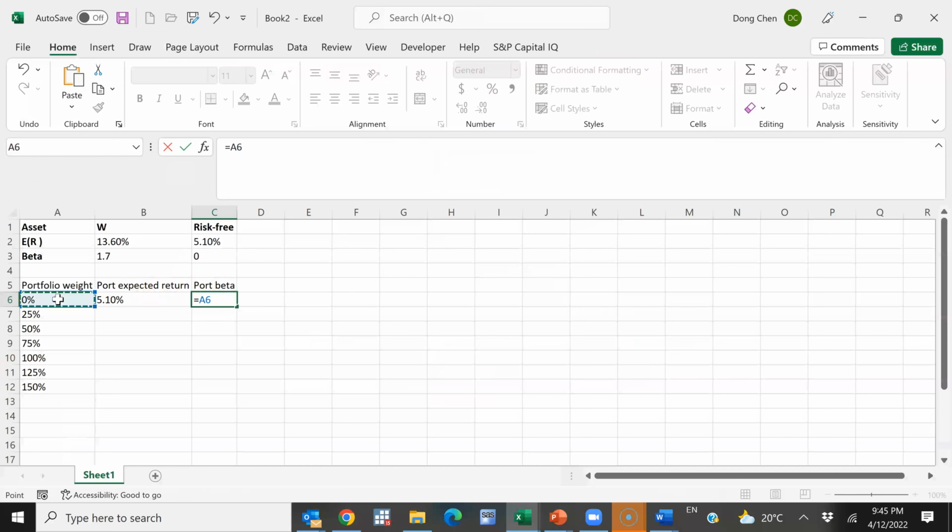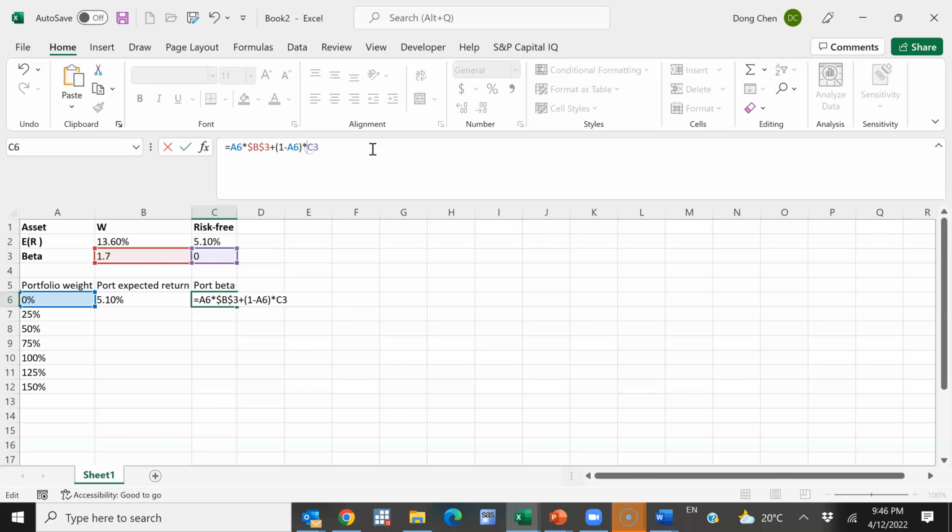So it's going to be the weight on asset W times the beta of asset W. Again, I want to fix this cell value because later on I want to drag the cell to the other portfolio weights, so it can automatically calculate the portfolio beta for me. So plus 1 minus the portfolio weight on asset W and multiply by the beta of the risk-free asset. So that will give me the portfolio beta.